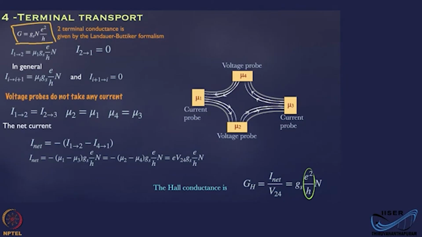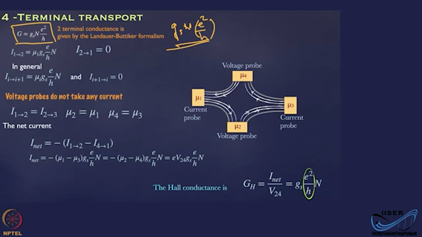The two-terminal conductance is given by the Landauer-Büttiker formalism, that is, G_s, the degeneracy in the system, times the number of channels, and each channel gives you e squared by h for conductance. That is the Landauer-Büttiker formalism, and it is applicable only for reflectionless transport. If you have reflection or scattering in the system, then you will not get this, and it is not valid.